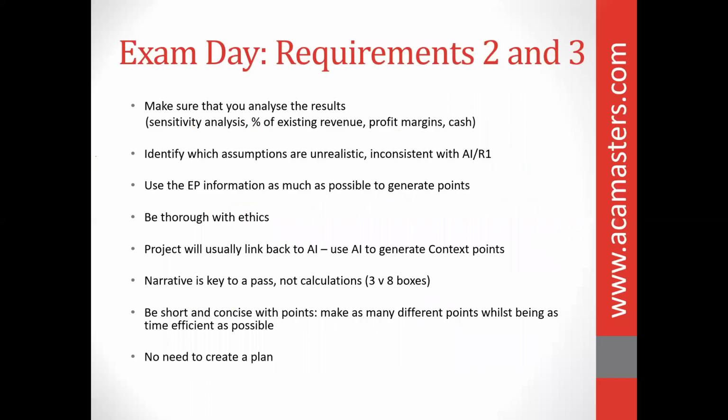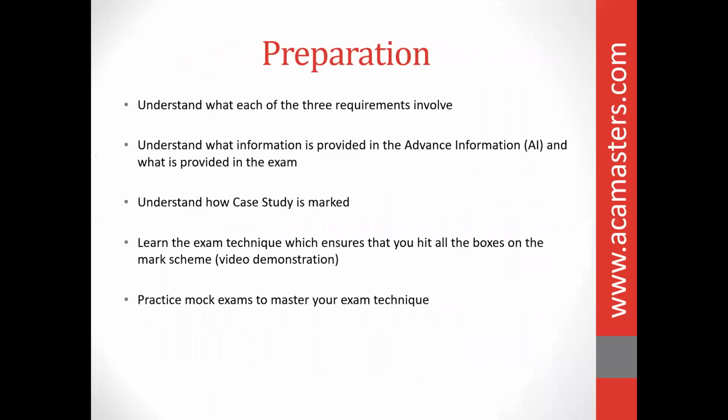So again, lots of practice, as I've said before. Once you've understood what you need to do for each requirement, what information is provided in the AI and the exam paper, and how a case study is marked, then once you've got this technique, all you need to do is practice it, and you'll master what goes into each section, and it'll become second nature to you, like it is to me.